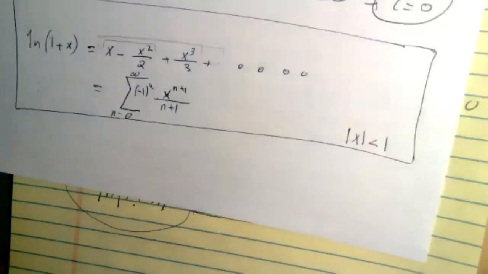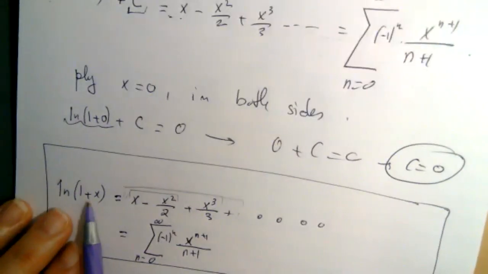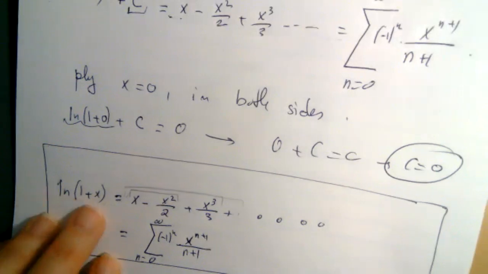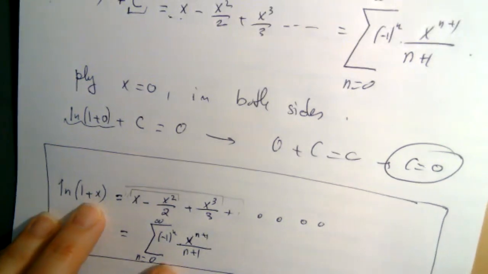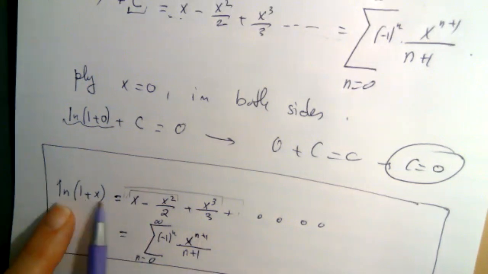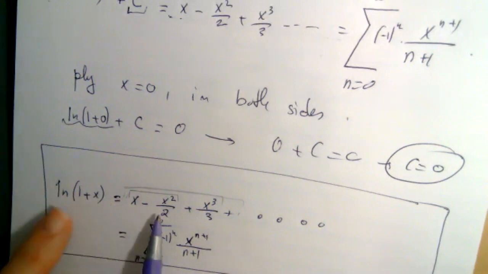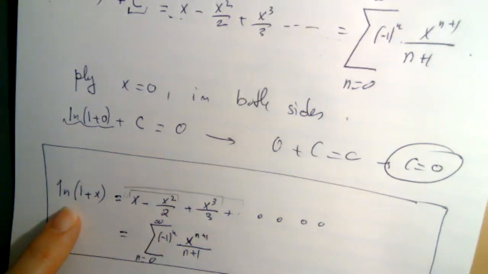So this power series gives me the tool to approximate ln of any number as long as the absolute value of x is less than 1.